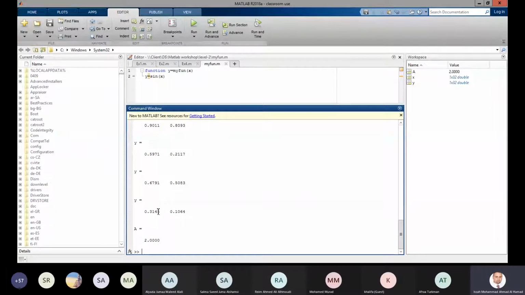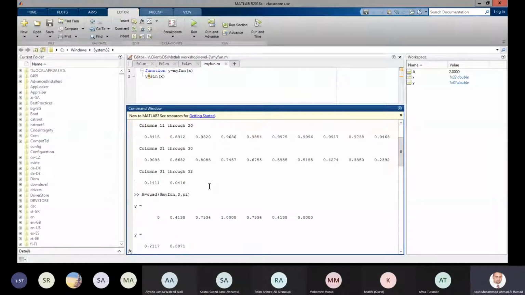Okay, so this is y, and this is the value of the integration. So integration of sine x from 0 to pi equals 2. We did it from 0 to pi, yes. So if you do the integration manually, you will find that it is equal to 2.